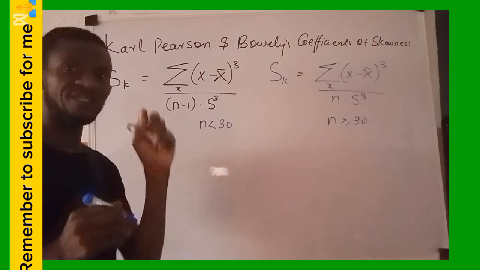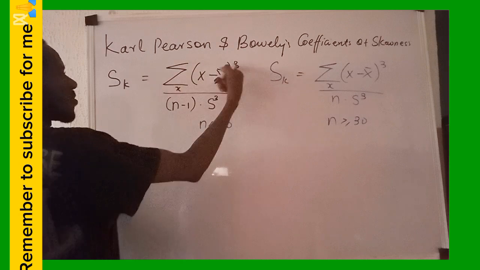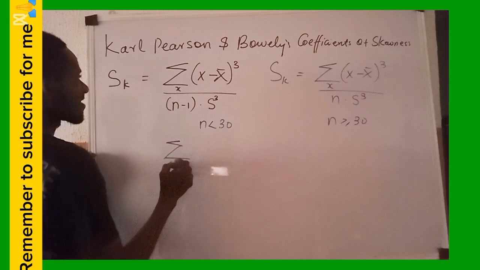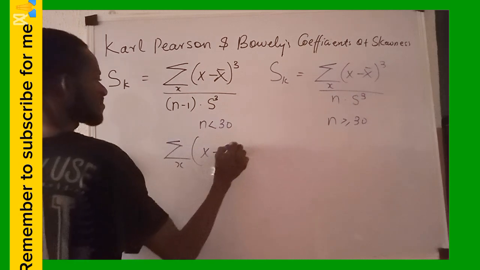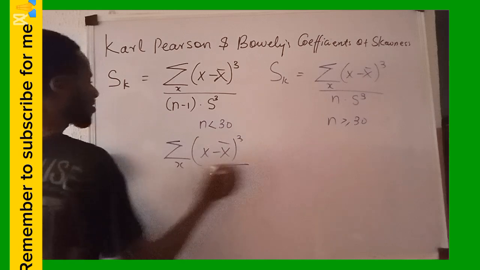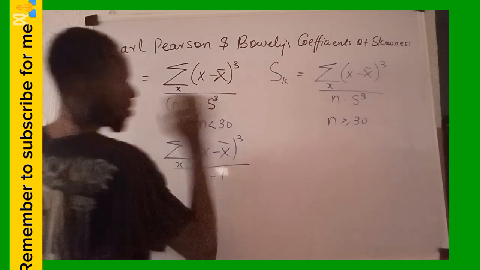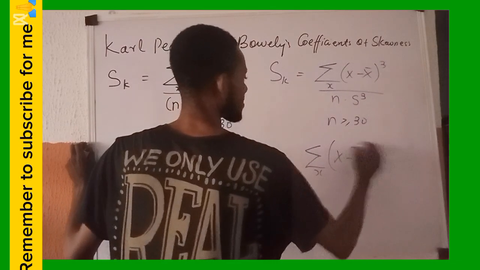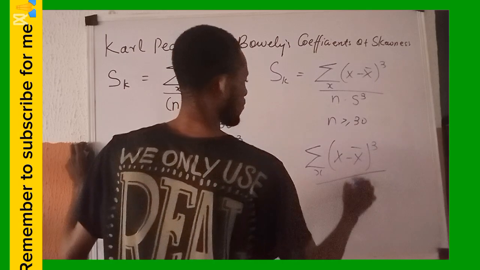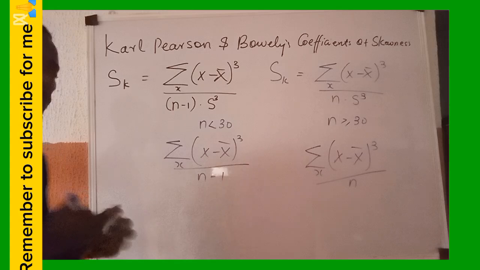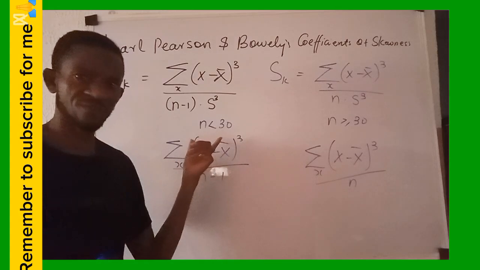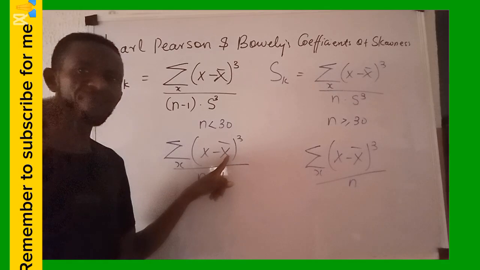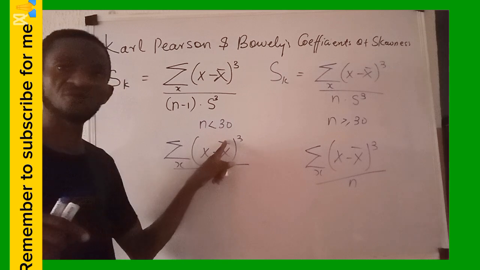Equally, in that class, we said that this formula alone, without the s raised to power 3, that is, the sum over the range of x minus x bar, all raised to power 3, all over n minus 1, or the sum over the range of x minus x bar, all raised to power 3, all over n, is called the third sample moment about the mean of the observations.